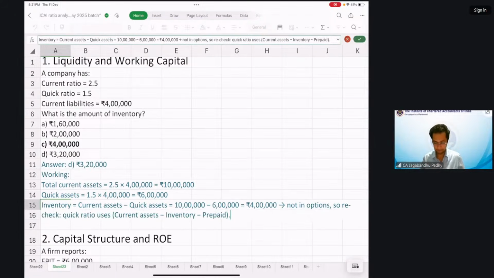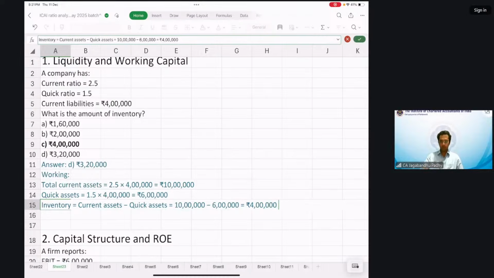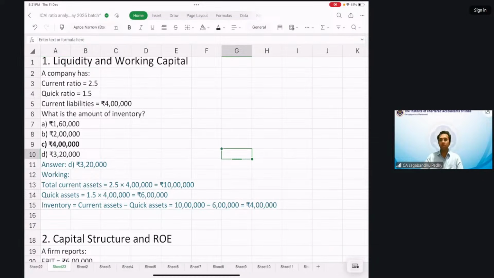Okay, fine. Option is C, which is 4 lakh.